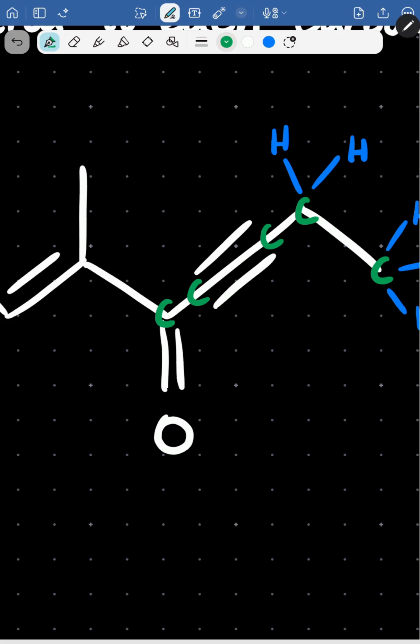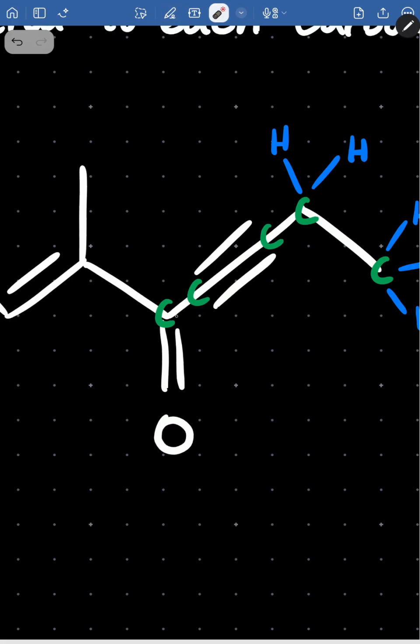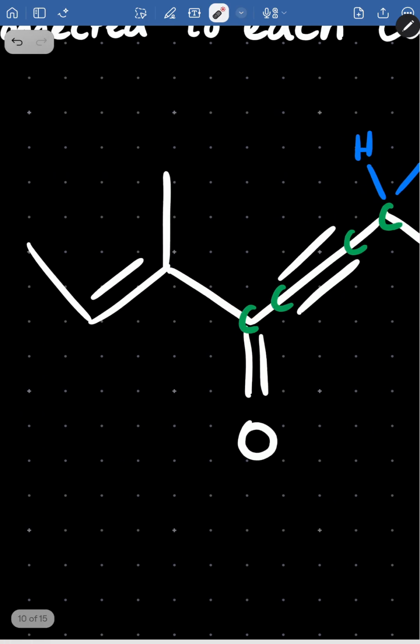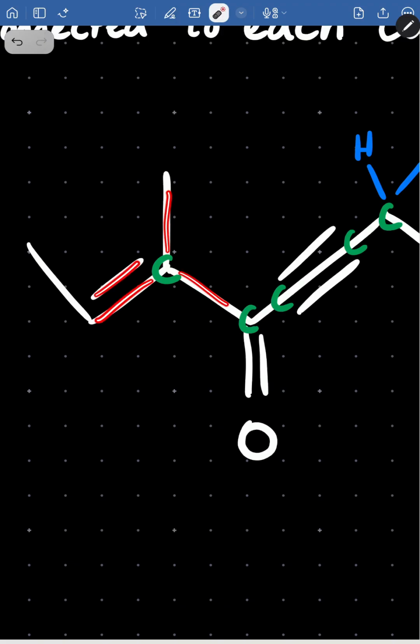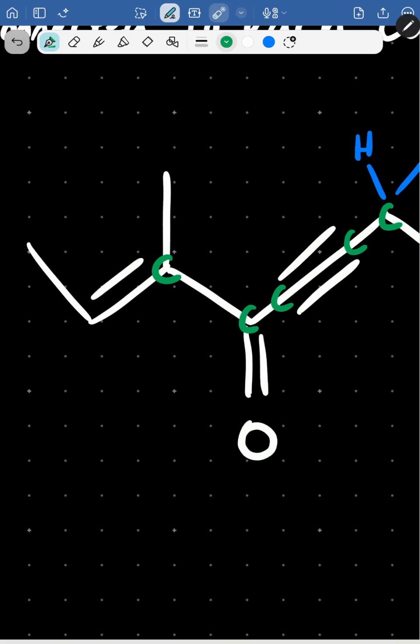This carbon also is occupied since it has 1, 2, 3, 4 bonds, so it doesn't have any hydrogens. This carbon is 1, 2, 3, 4, so it doesn't have hydrogens. And then the carbon over here has 1 bond, 2, 3, 4: 3 hydrogens.